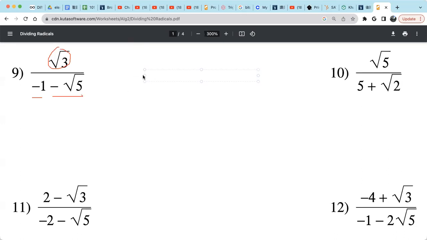Remember last time I was talking about we have this a plus b, difference of 2 squares, times a minus b equals to a squared minus b squared.